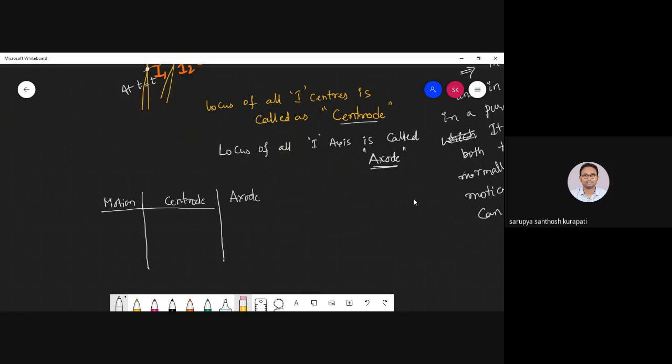If it is in general motion, what will be the centroid? Hello, are you people there? Yes, sir. Okay. If you are unable to tell, then tell this. If the link is in pure translation, what will be the centroid?